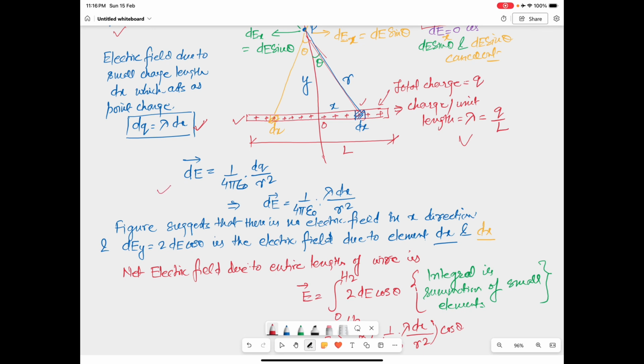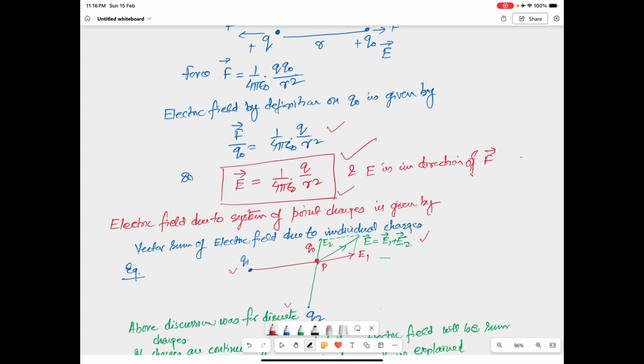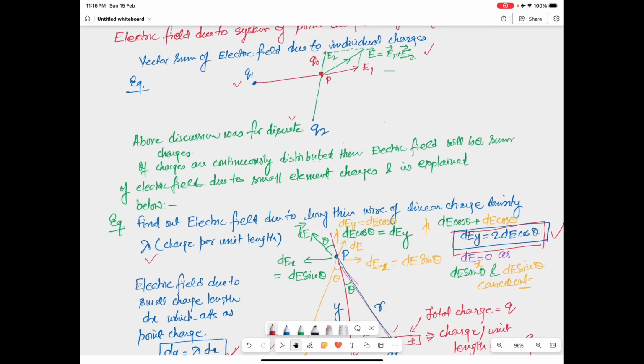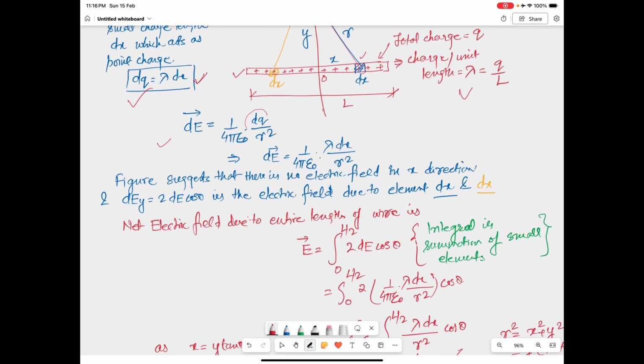Now, because dx is a small charge, I am treating it as a discrete charge. So I am applying the formula of the electric field which we have derived here: E is equal to 1 upon 4 pi epsilon naught, q by r square. So it is 1 upon 4 pi epsilon naught, dq, a small charge, by r square. This small charge dq is lambda dx, and I have substituted the value, and then taken the summation of all discrete charges.